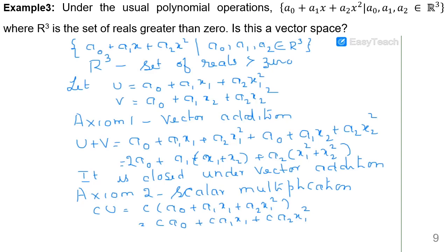Now, if c is negative, that means less than 0, in such cases you can observe that c into a0 is negative, c into a1 is negative, c into a2 is negative. But the condition says all the coefficients of this polynomial should be greater than 0.